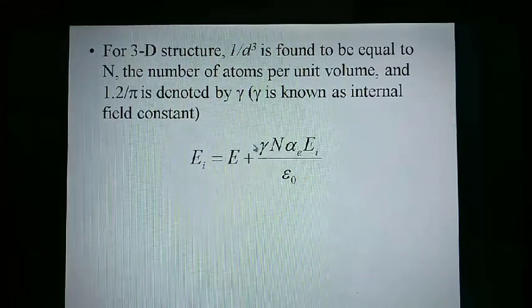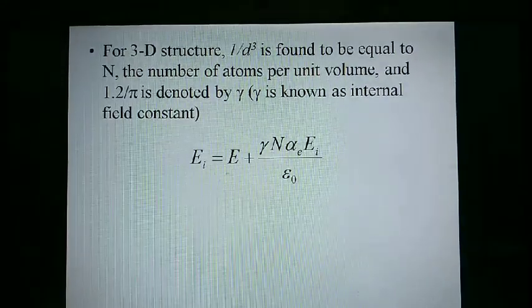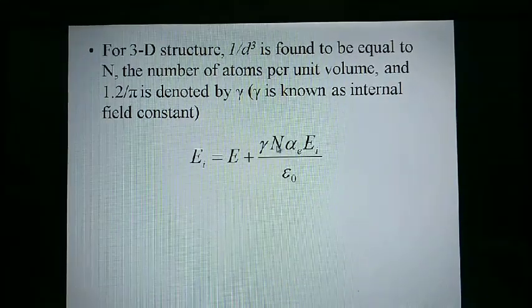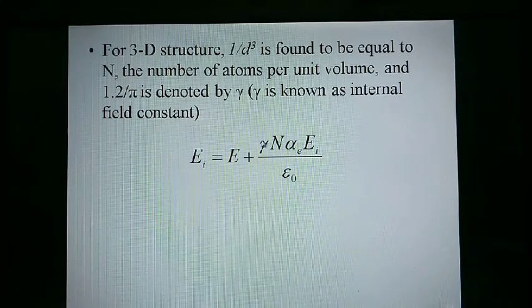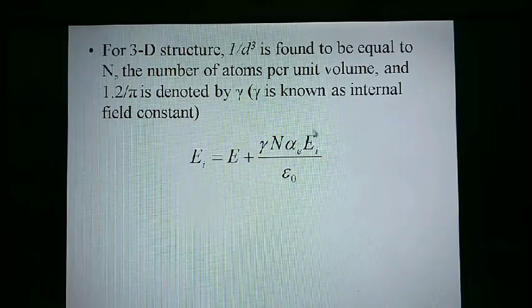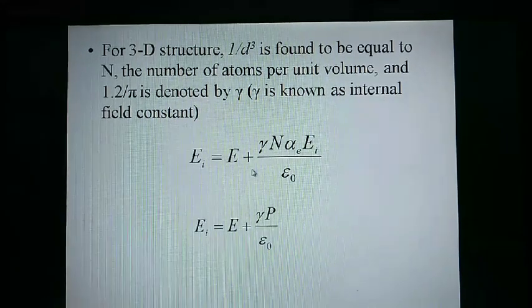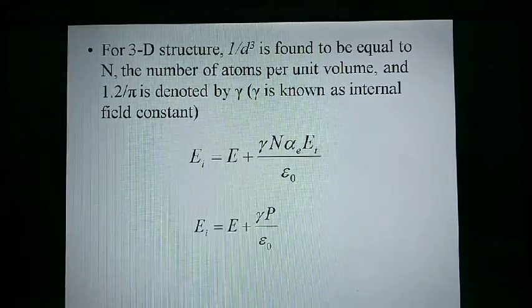So on substituting those, we will get this expression, EI equal to E plus gamma capital N alpha EI by epsilon naught. This is the expression for the internal field in the case of a three-dimensional structure.